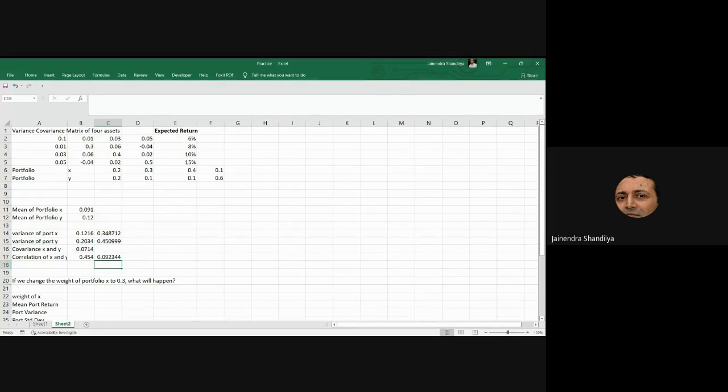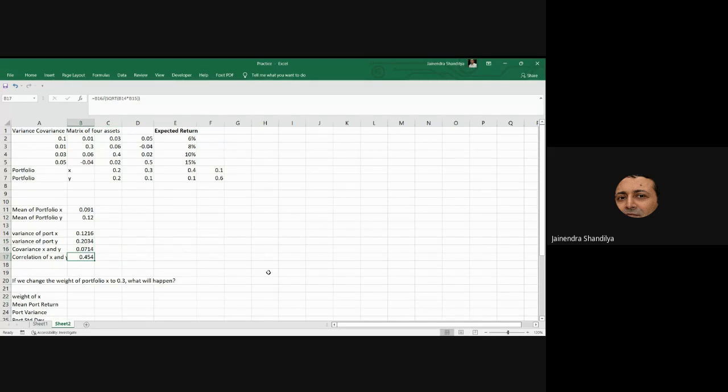Oh, I am getting a different figure. Really? It's a high correlation. It should not be the case. Yeah, so same. Yeah, so we did the right way. No need to repeat this here.